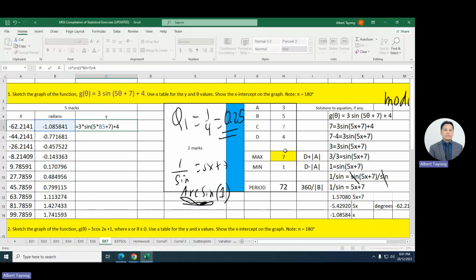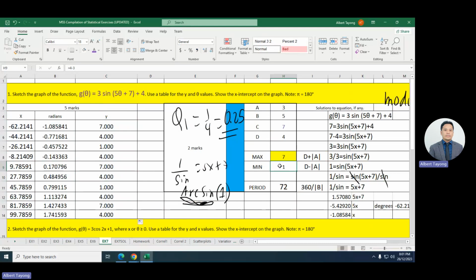Yes, the highest, maximum, 7. Did you get 7 here? Drag it down. See, what is the minimum? 1. We have 1 here, right? Select the last 2.